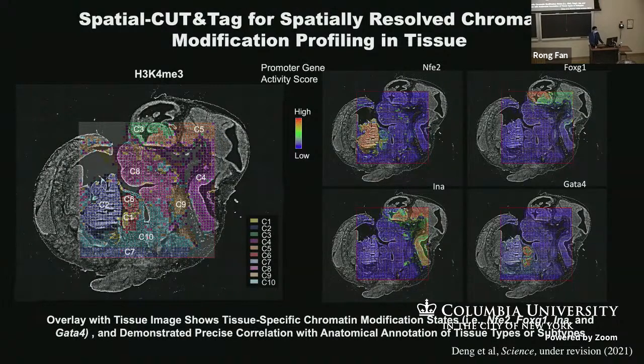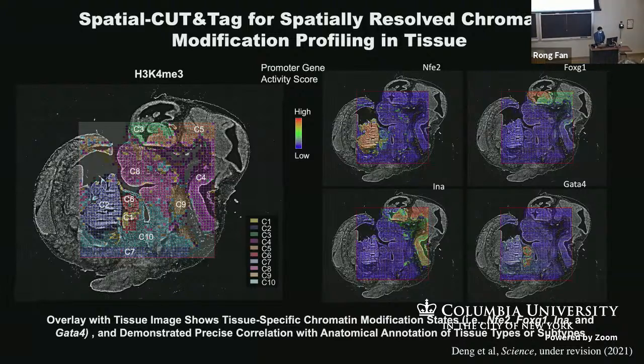And so you can see the clustering based on the global sequencing profile from this histone modification. You can also see individual genes predicted from the histone modification associated with different tissue regions. You can see very fine resolution for tiny features of the brain tissue as well.